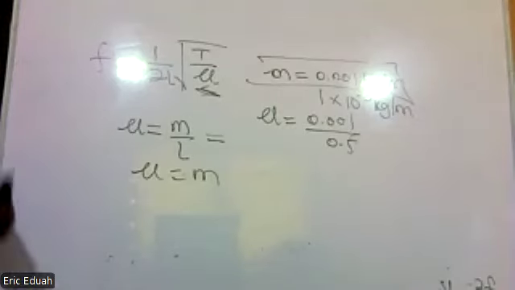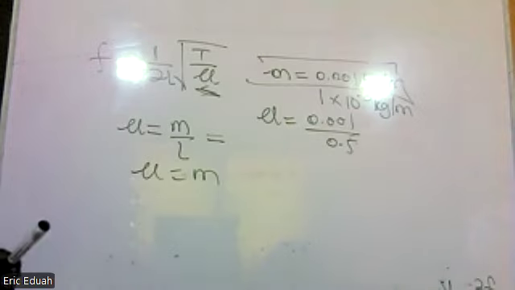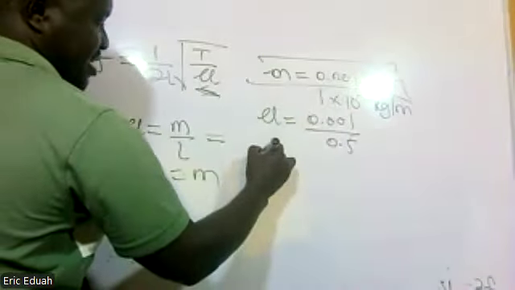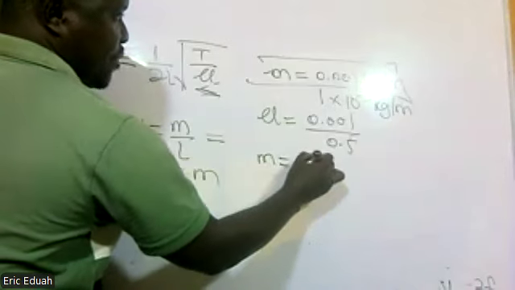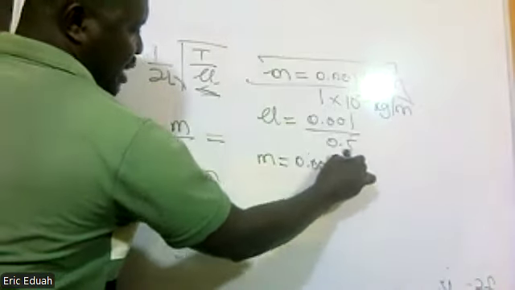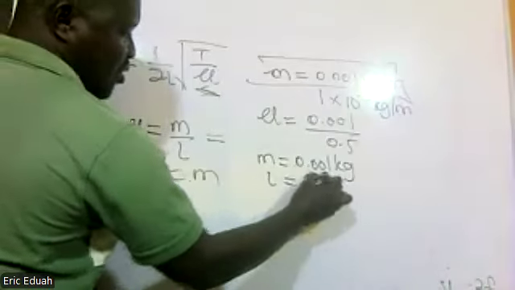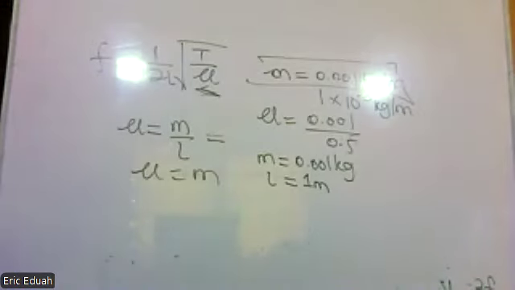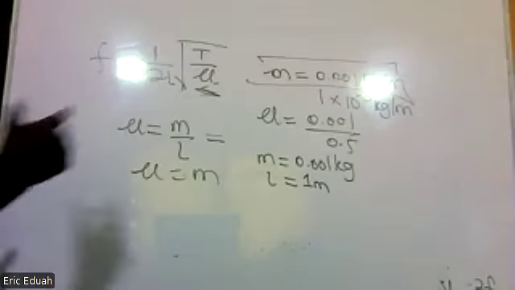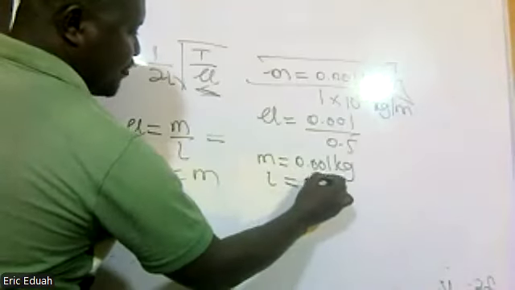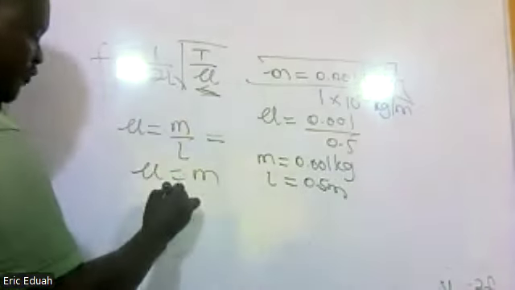If the length this time is 0.5 meter, then you must look for mu.